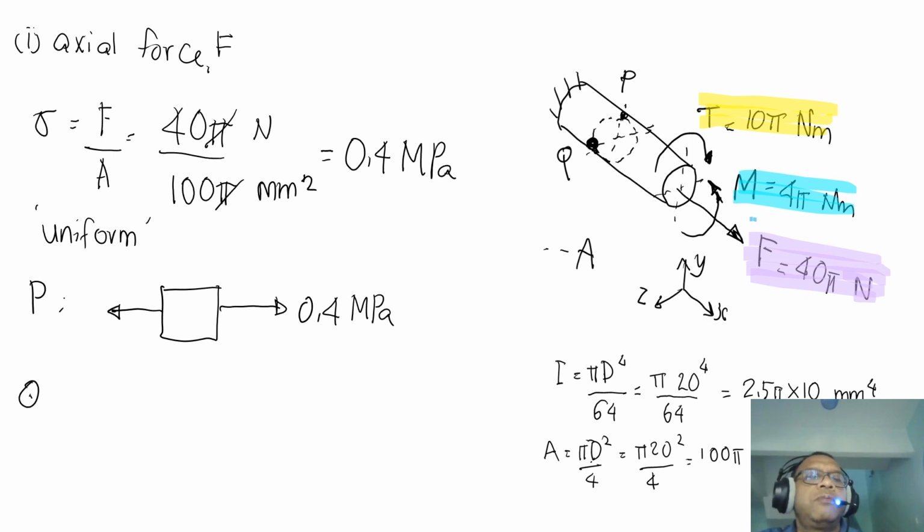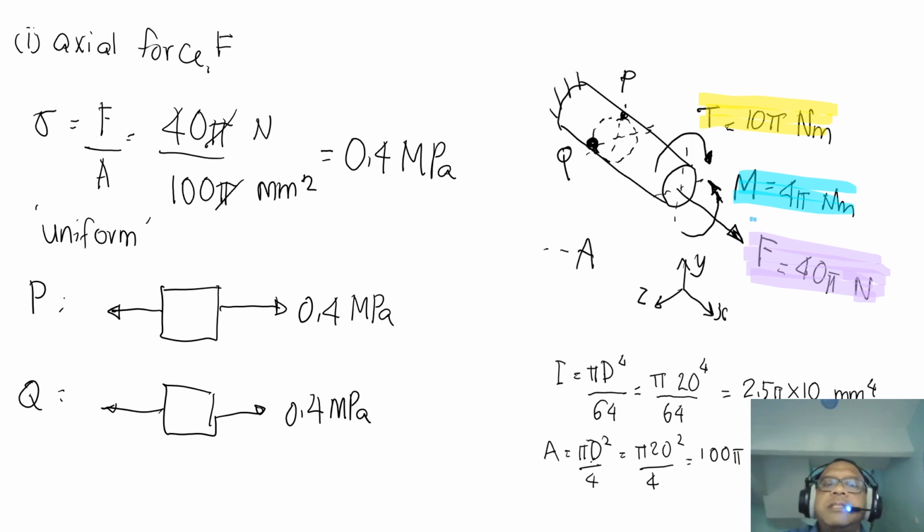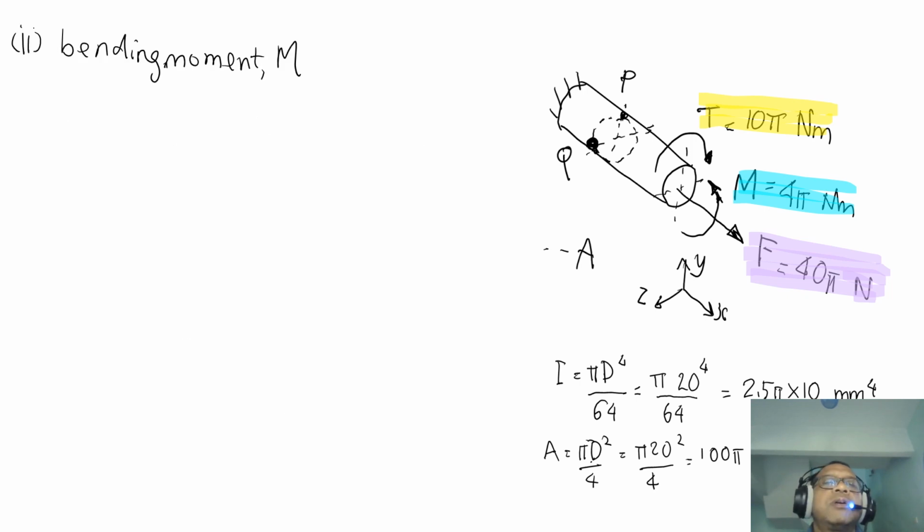And for Q, it's also uniform as P, the same. So it's 0.4 megapascal. So that's done for axial force for point P and Q. And let's move on to the next one, which is the bending moment.